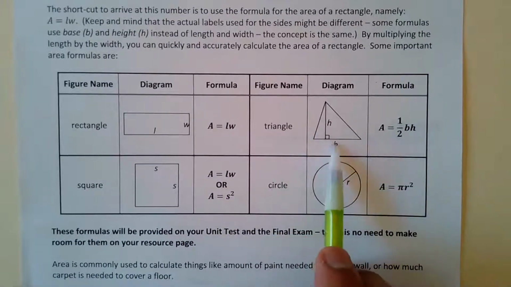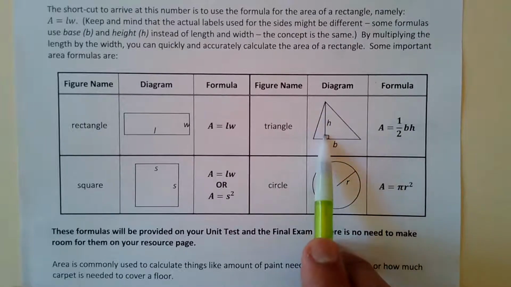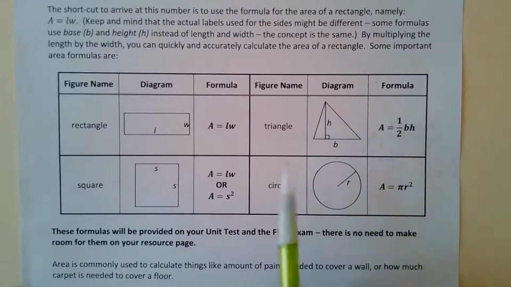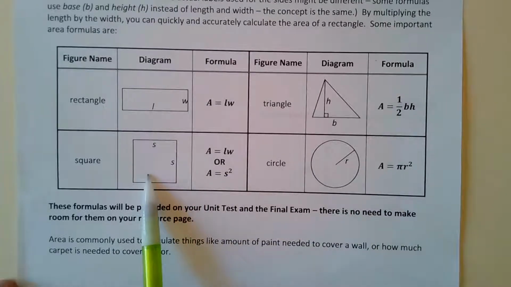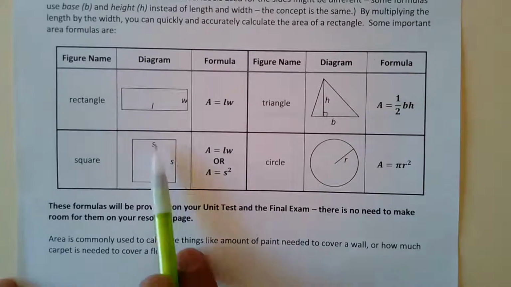A triangle is the base multiplied by its height divided by 2, or the base times the height, half of it. The square is length times width, or side times side.